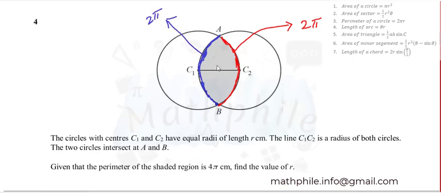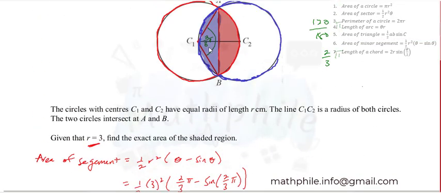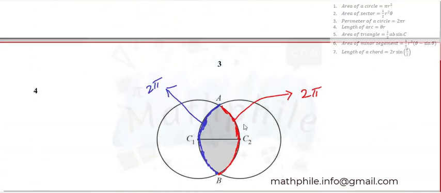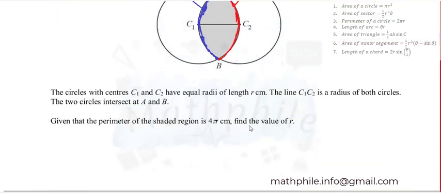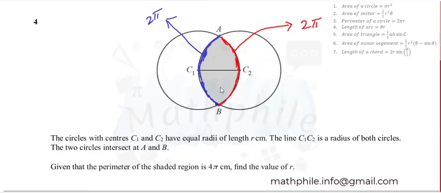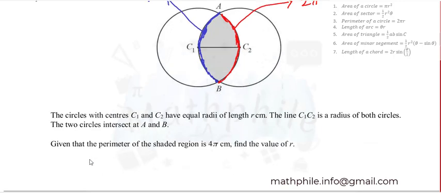Now that we know the arc length, and we already know that the angle over there was 2π over 3, we calculated that before, we can use that one to find the value of r.